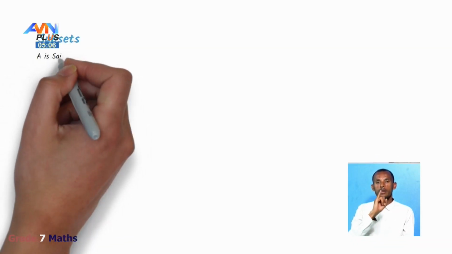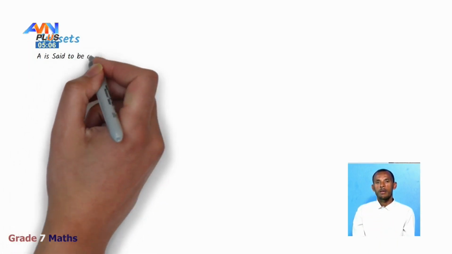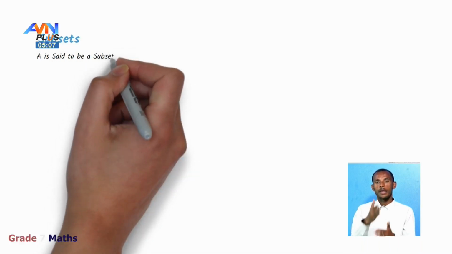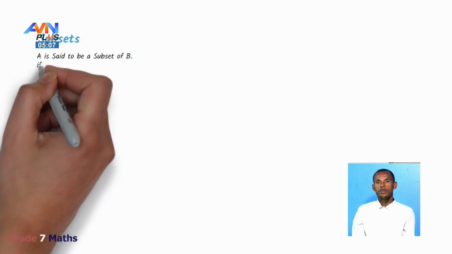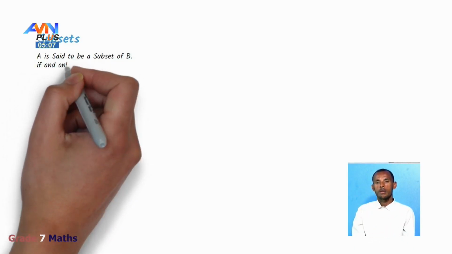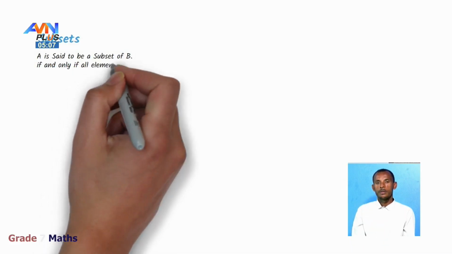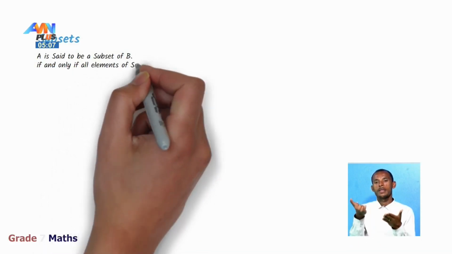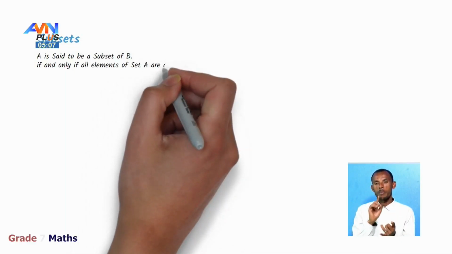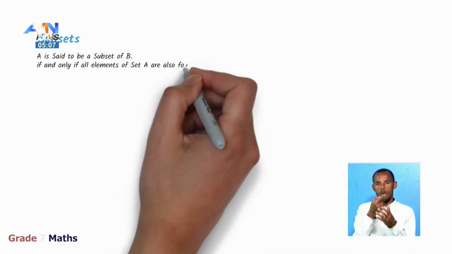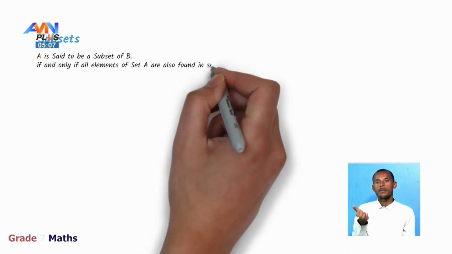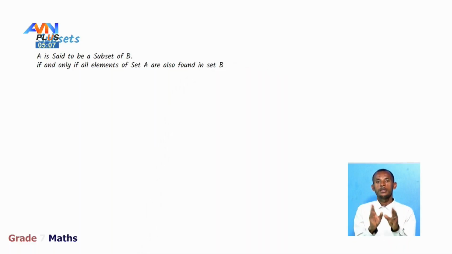Set A is said to be a subset of B if and only if all elements of set A are also found in set B. That's the definition.